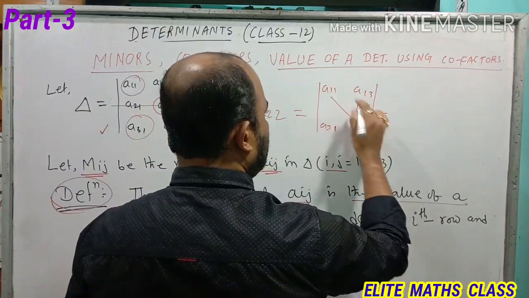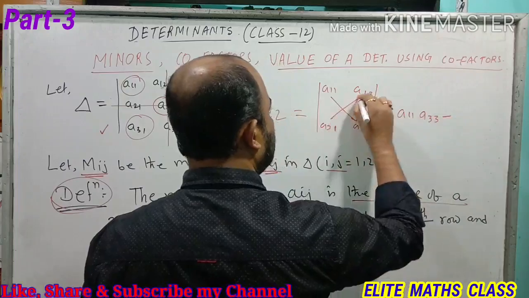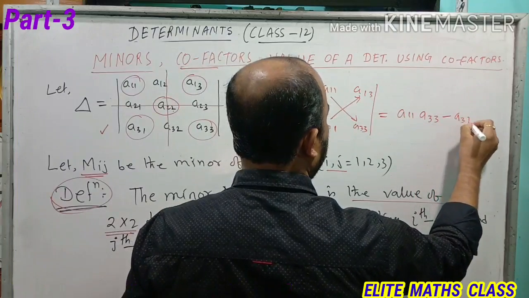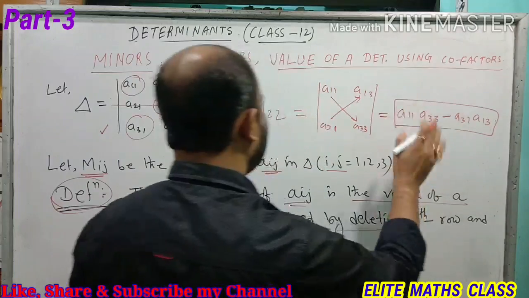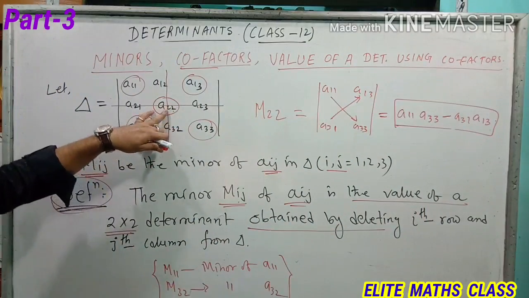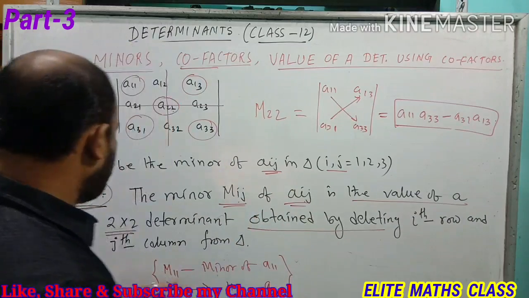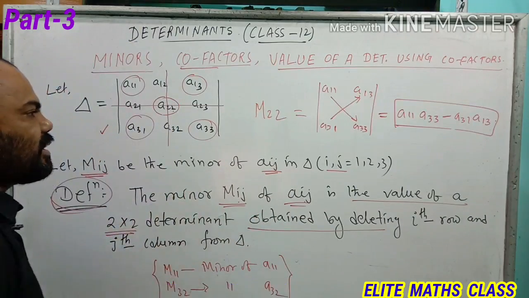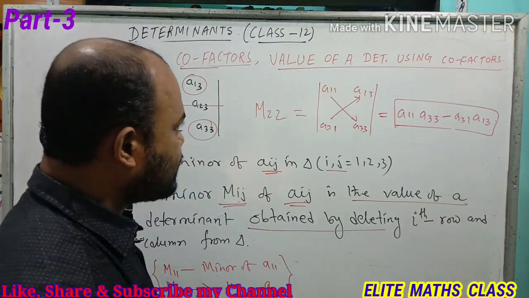This one will be this into this, A11 A33, minus this into this, A31 A13. Whatever be the value is the minor of A22. Clear? So this is the process of finding minors and the definition of minors. Later on I will explain this by an example.